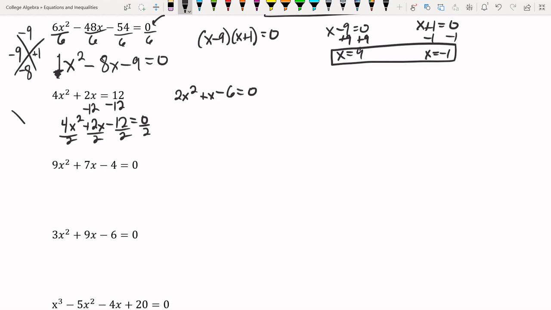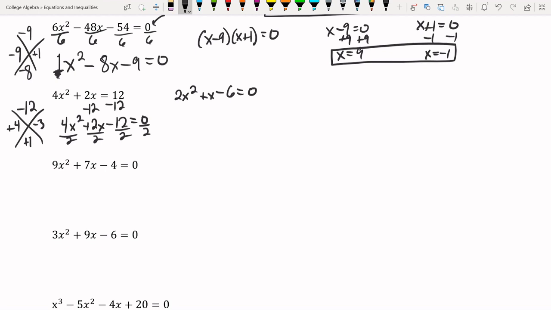Now I can use the AC method. A is 2, c is negative 6, so a times c is negative 12. B is a positive 1. And the two numbers are going to be positive 4, negative 3. Yeah, I think that works out.